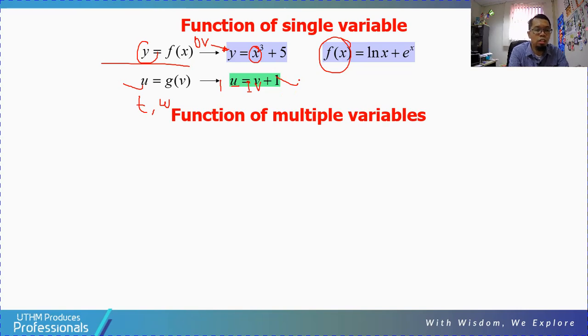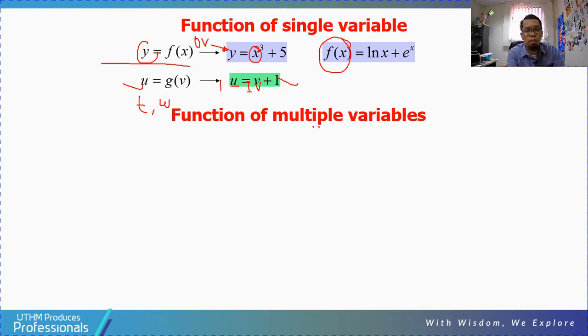So in our course, we will focus on functions of multiple variables, or functions of several variables. That means the variables are more than one. When I say variable, it means independent variable.